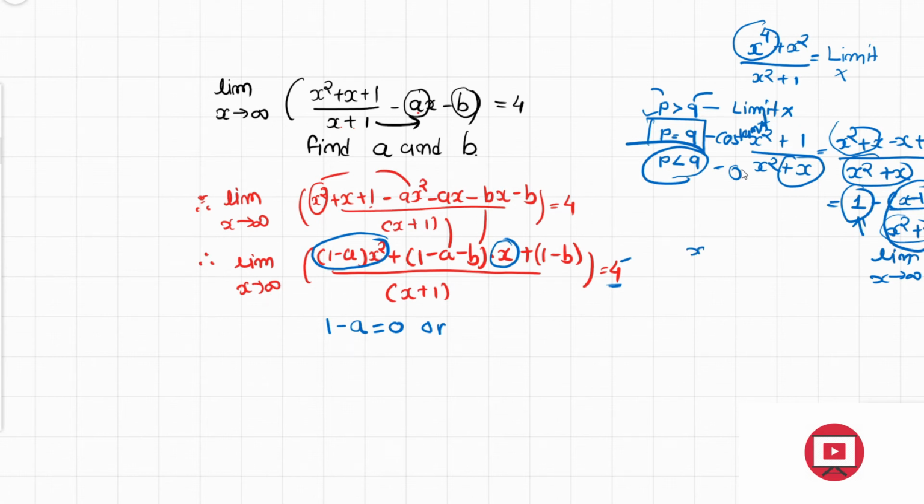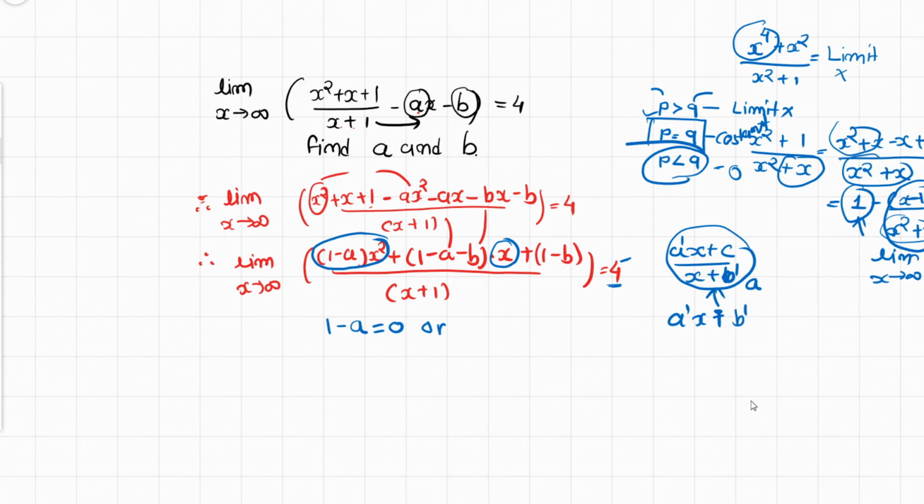So whenever we have something like a dash x plus c in the numerator, and in denominator we have x plus something b dash, what we can do is write a dash x plus b dash minus b dash into a dash plus c, divided by x plus b dash.